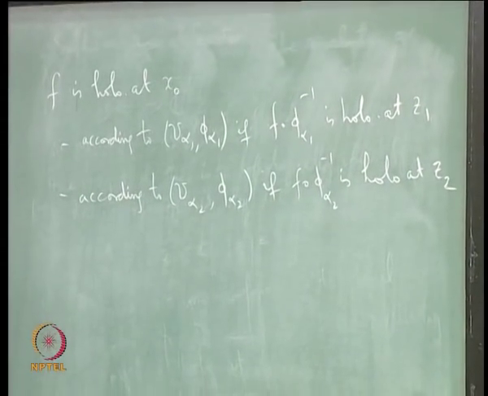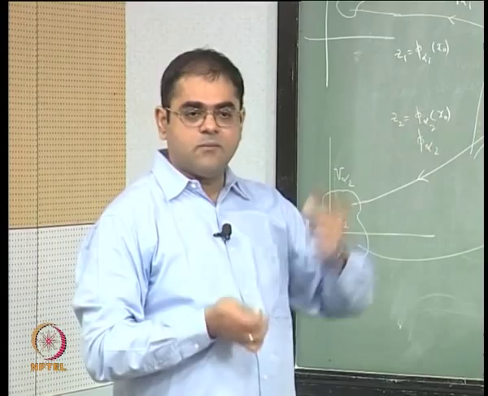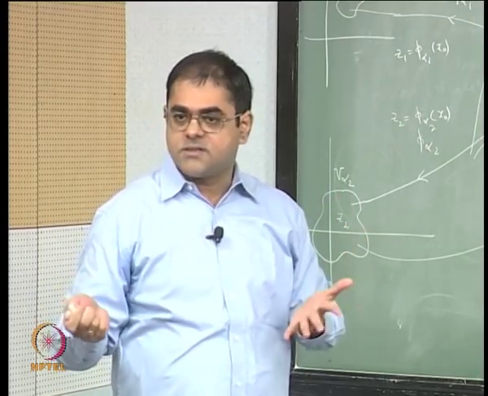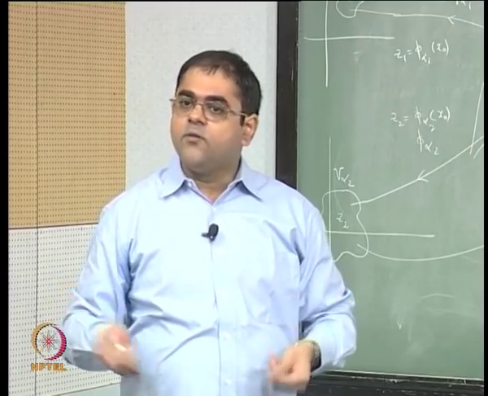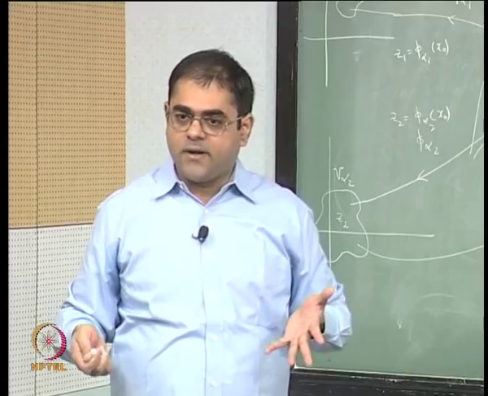So you get two definitions of F being holomorphic at the point x0. That is because you have chosen two charts which are available around the point, and in fact you could have an infinite collection of charts, and then that would give you an infinite set of definitions for F being holomorphic at the point x0.